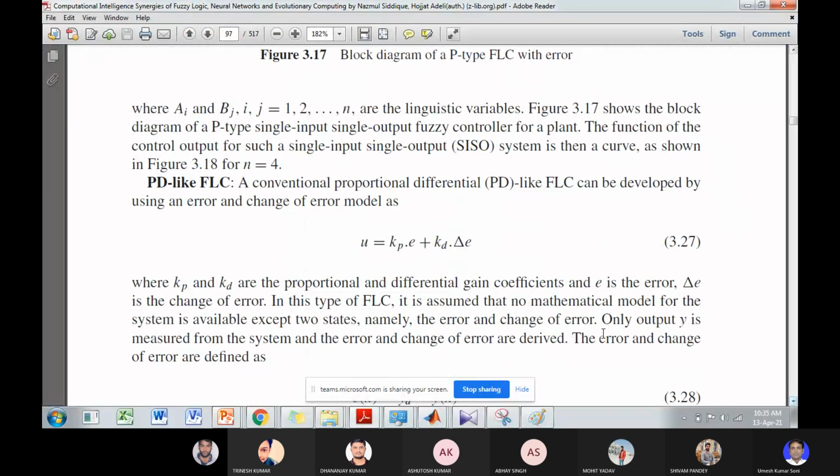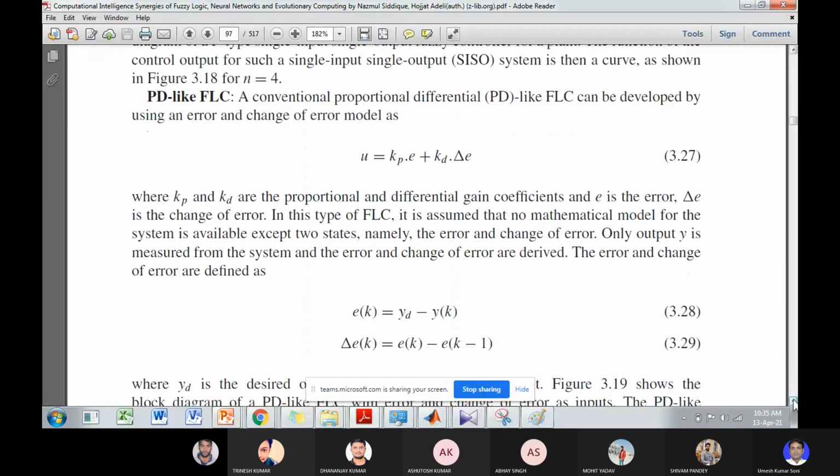So the general proportional differential controller is given as U equal to Kp into E plus Kd into del E. The del E is the change between the previous error and the present error. So in time domain we are saying Kp into e plus Kd into de by dt.